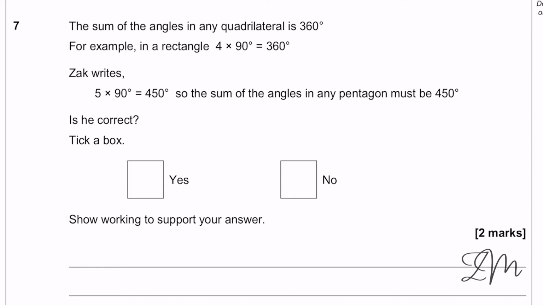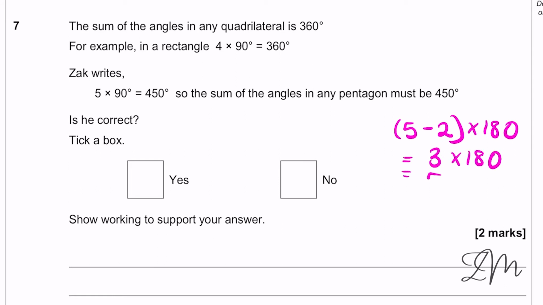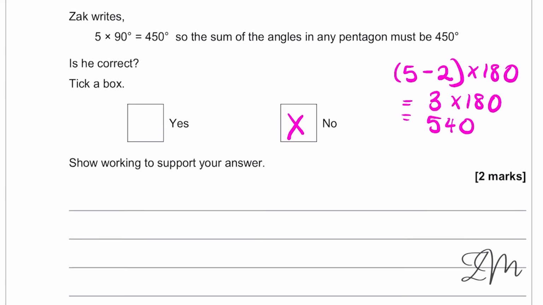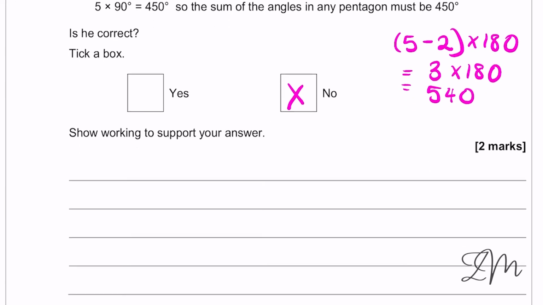We know that if we take the number of sides minus 2 and times 180, we know what the interior angles add up to. So 3 times 180 gives you 540, which is not 450. So you'd say no, and you'd say a pentagon cannot have 5 right angles.